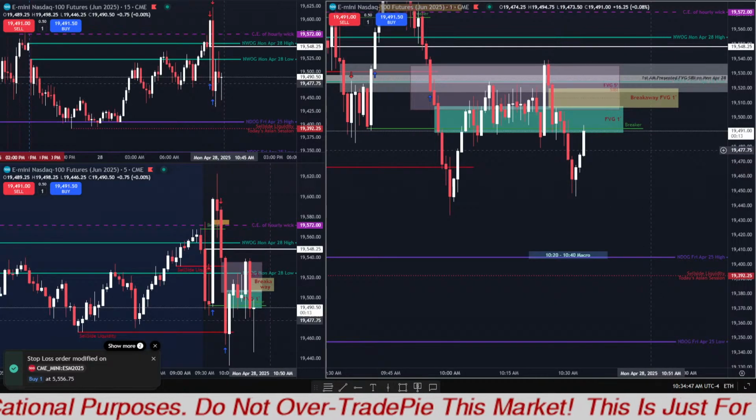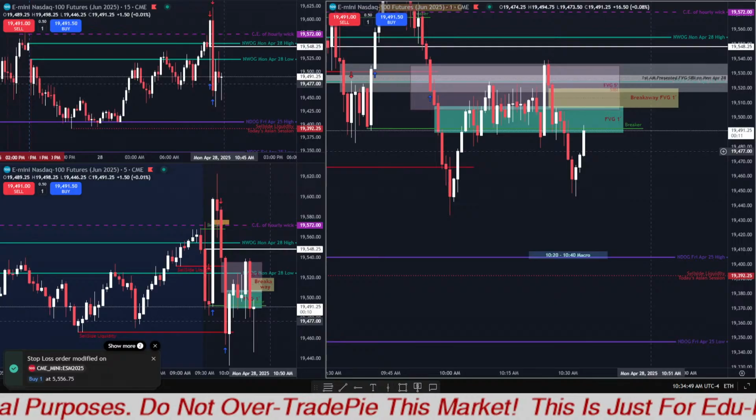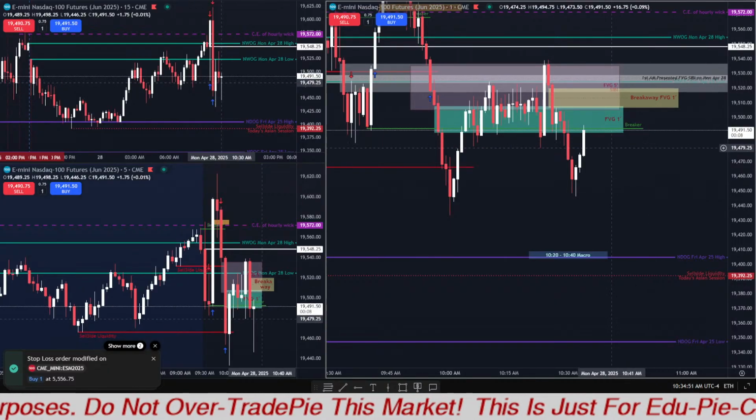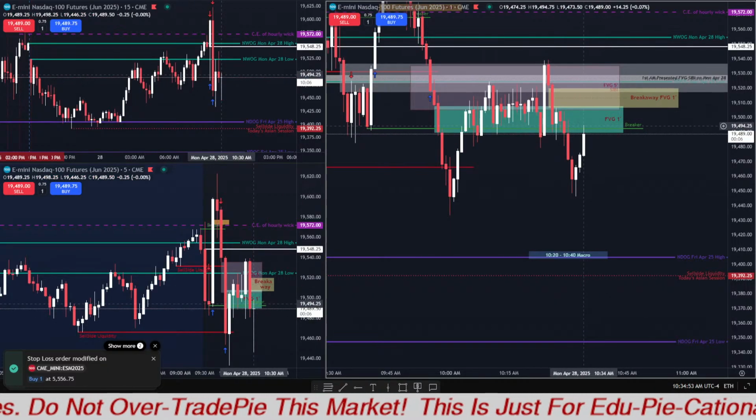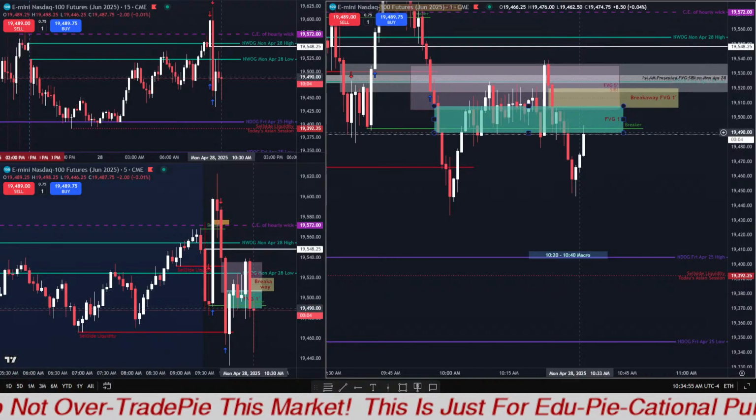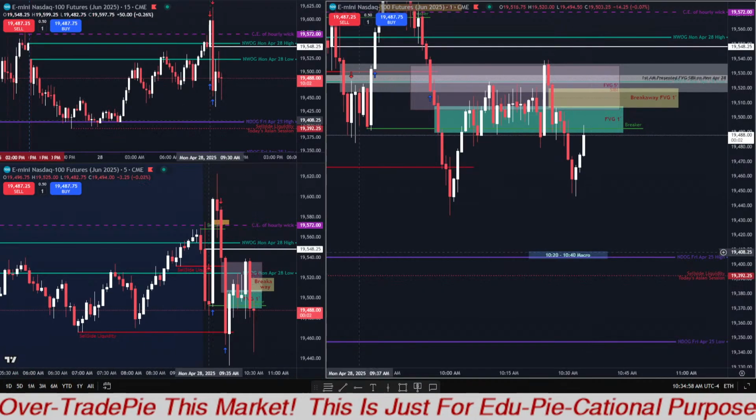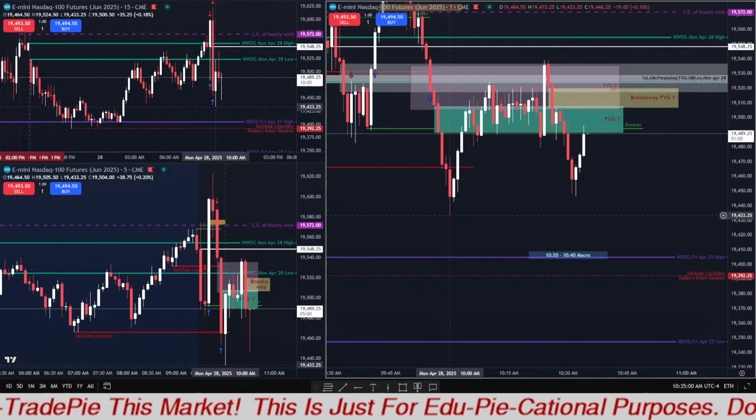Get into the breaker block and let's see if the market is reacting from here or not. In my opinion, it should react from this and send the price lower to go at least below this swing low over here.